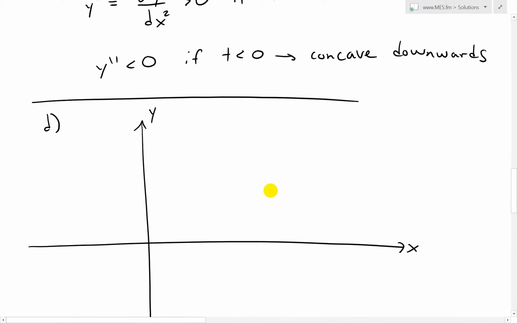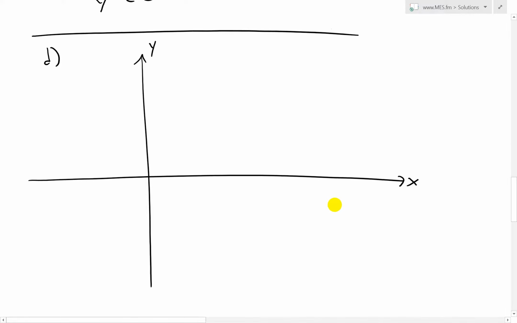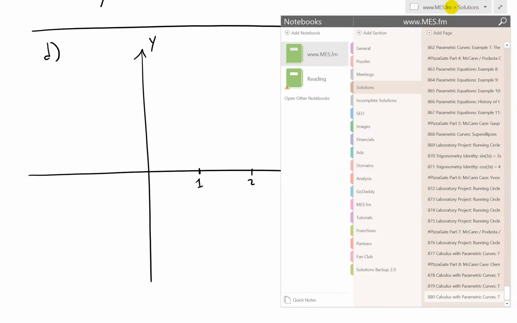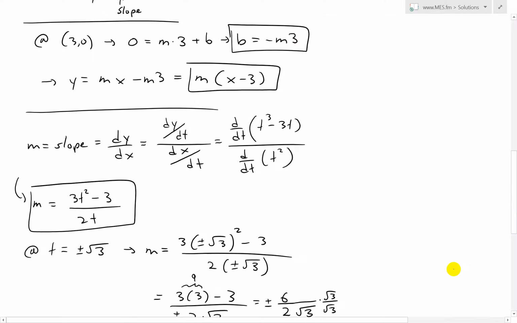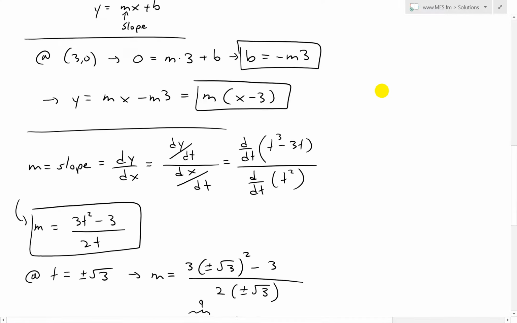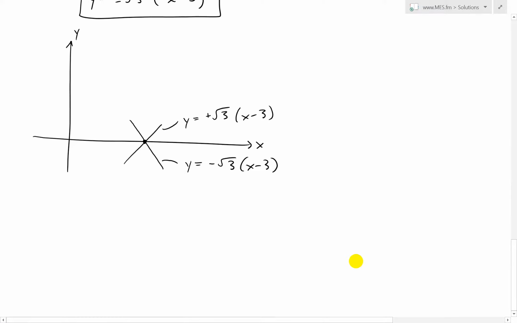So what we know is, let's go here. If this is 1, 2, 3. At this point, if I recall from the first part, I showed that at this point we have two tangents.